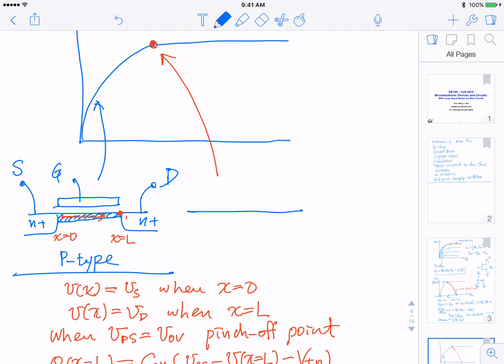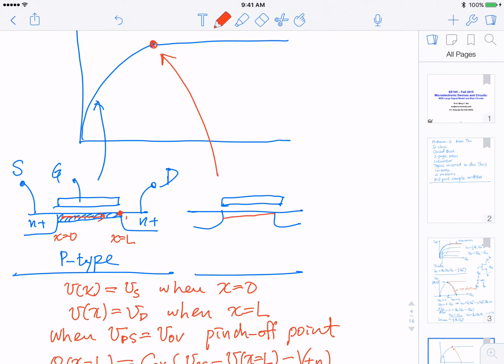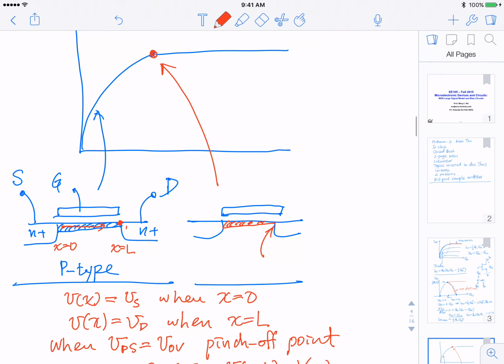So if we reproduce the plot, at this point the charge density just becomes 0 here. So this is the electron density. Locally, the charge just started to become 0. And this allows us to continue to increase VDS without changing current.